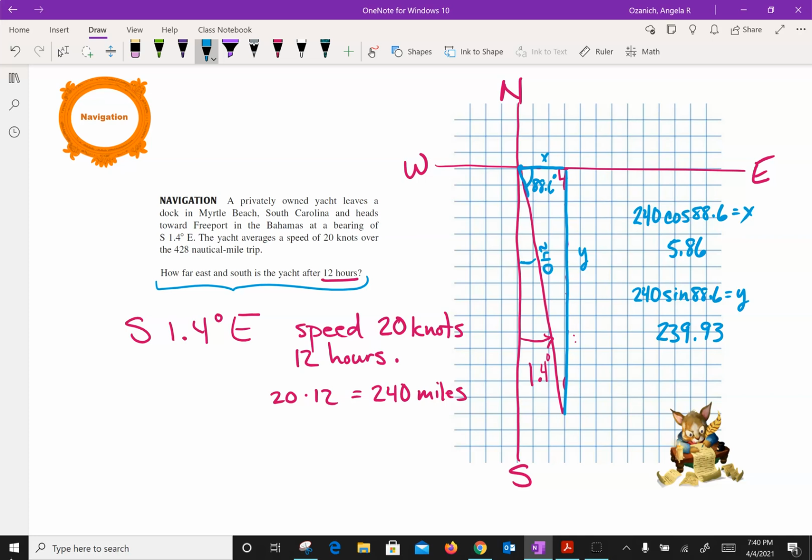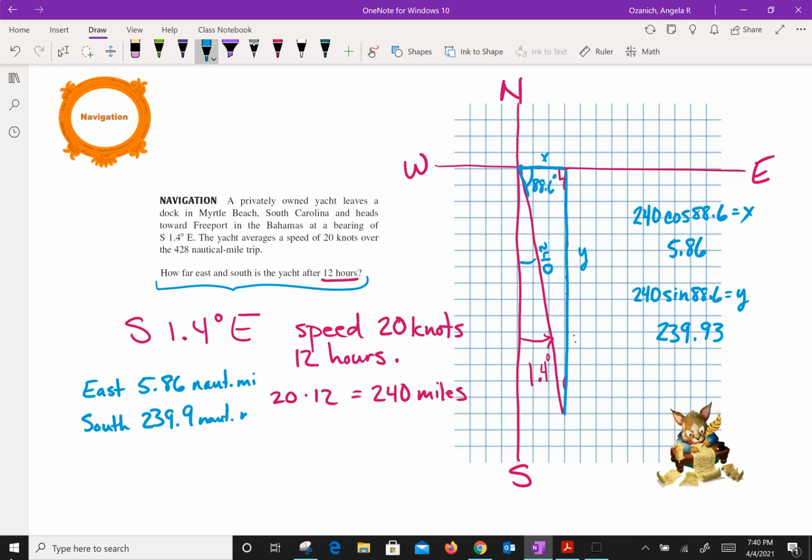I would say that they have traveled east, and because the angle they're traveling along, south 1.4 degrees east, is so tiny, we've only traveled about 5.86 nautical miles to the east, and to the south, quite a few more, 239.93 nautical miles to the south.